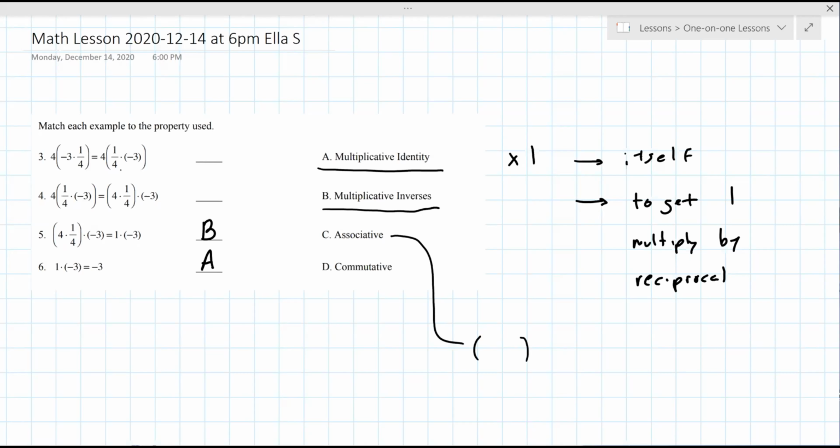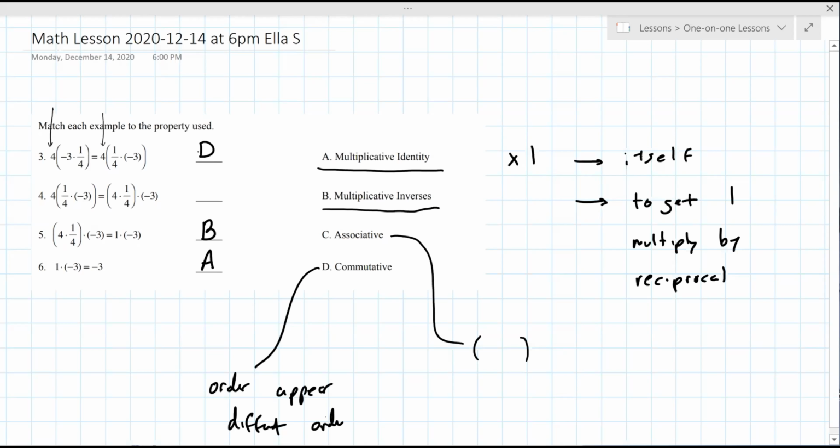The commutative, which is somewhat related, has to do with the order in which they appear, so it's a different order. Like when I look at number 3, I see a 4 and a 4 in the same position, and the -3 and the 1/4 switch positions. So that's why it's a different order for that one.